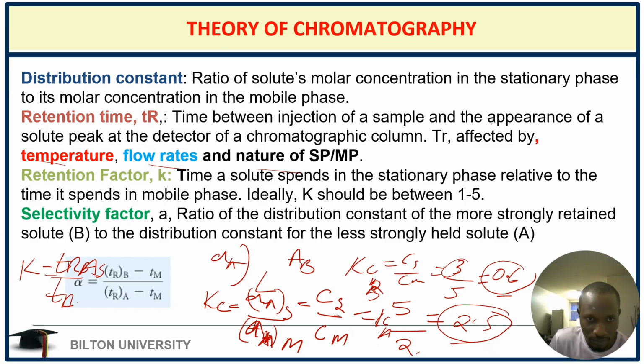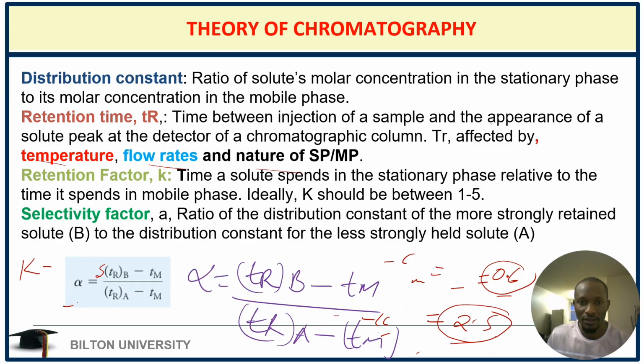So this B is the more retained species and A is the less retained species. The factor can tell us things like column efficiency, column resolution, and how separations can take place.